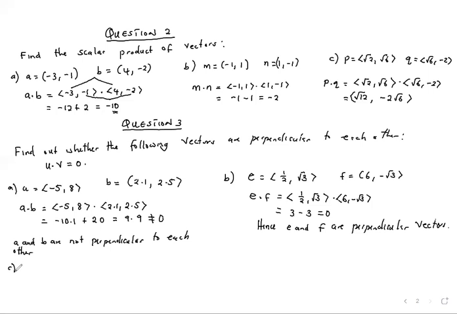C, P is equal to (√2/2, -√2/2). Q is equal to, R. R is equal to (-√3/2, √3/2).